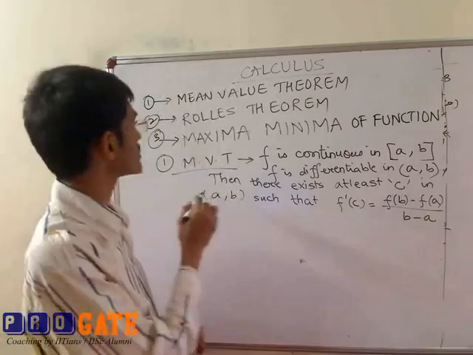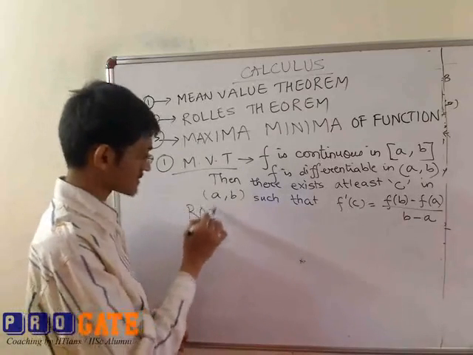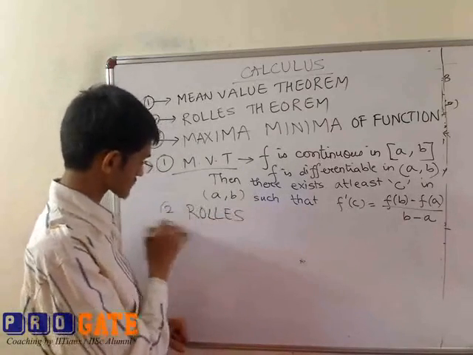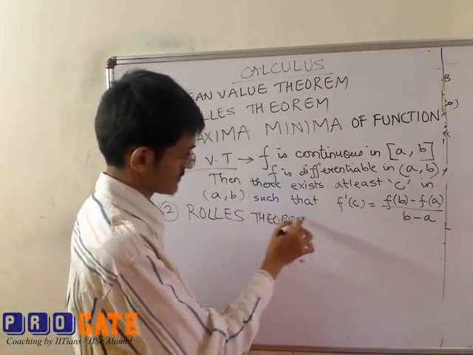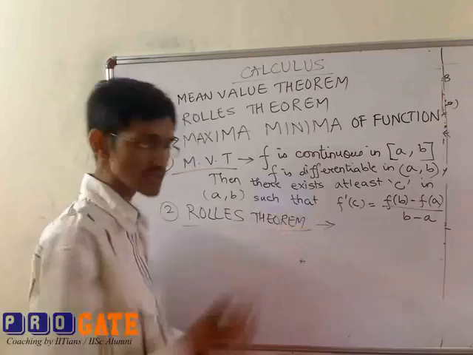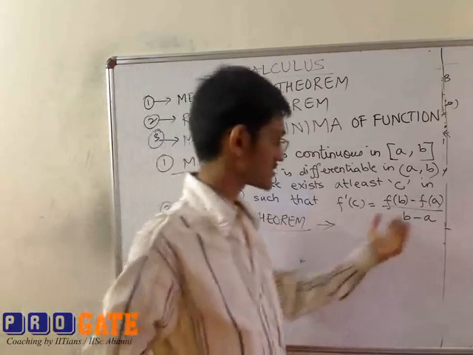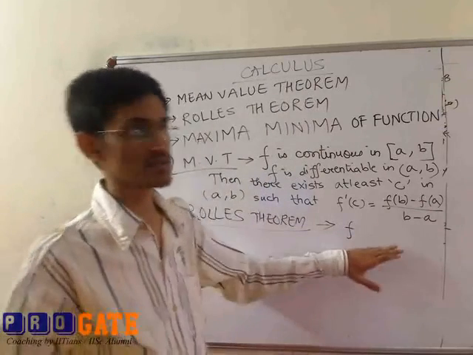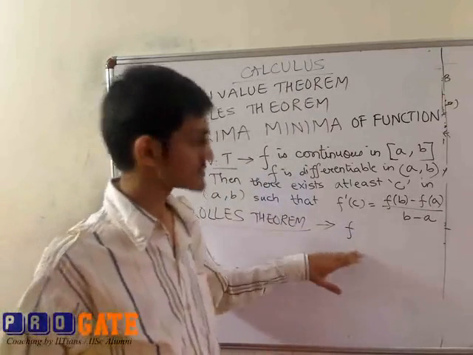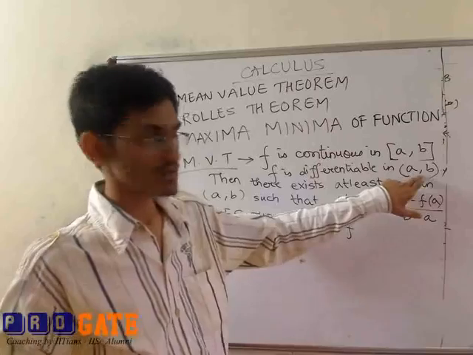The extension of the mean value theorem is taken in Rolle's theorem, and we call it the corollary of the mean value theorem. What you have? Again the same thing, f continuous in the closed interval a comma b, differentiable in the open interval a comma b.